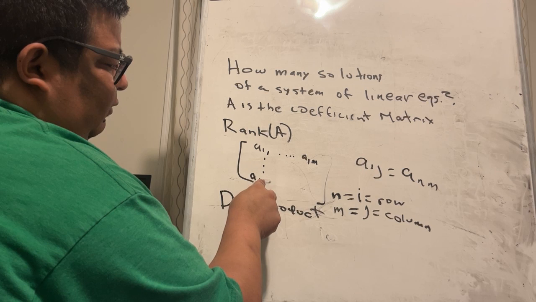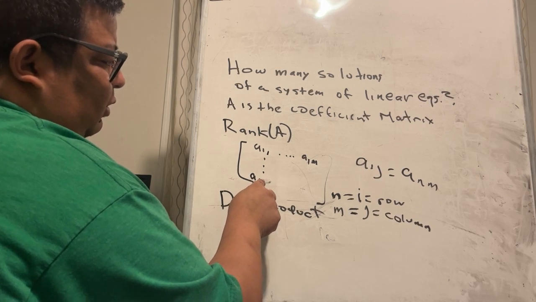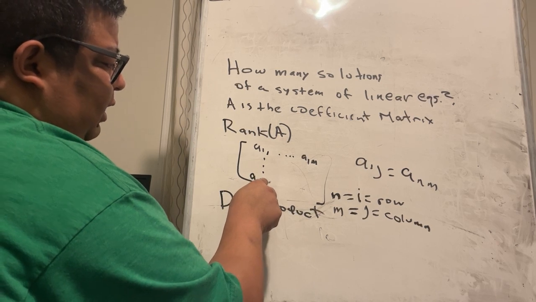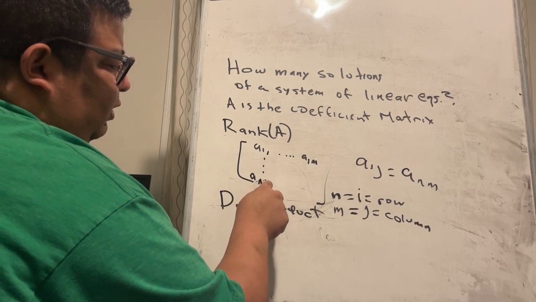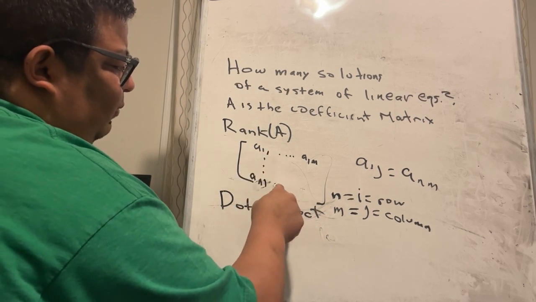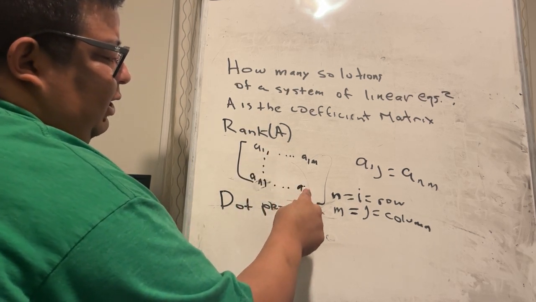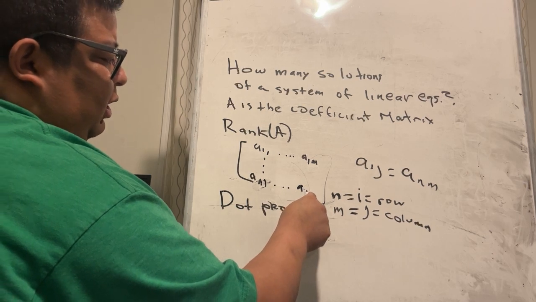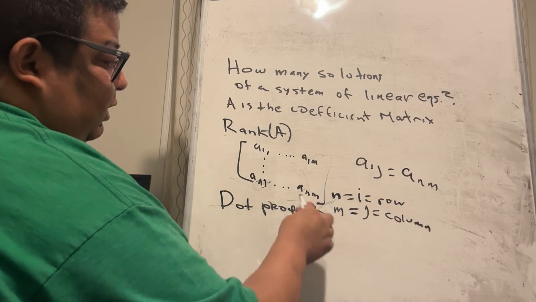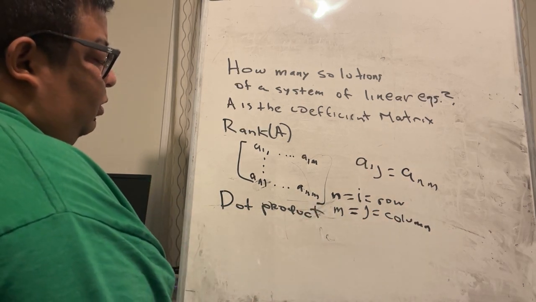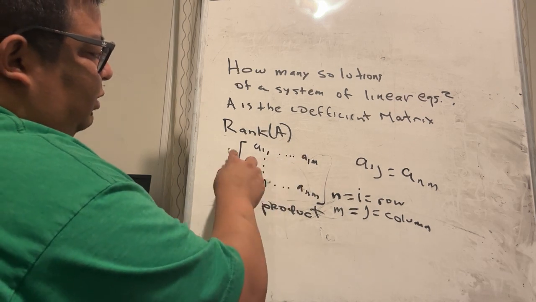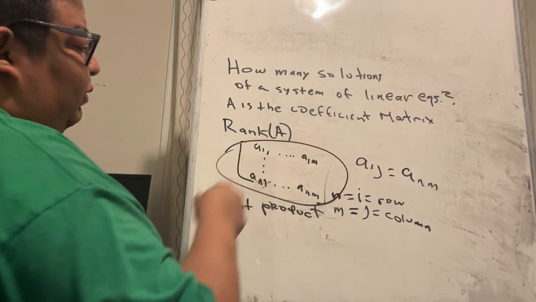Here we would have first row n, first column 1, and then we will have Anm, which is the last one. Okay, so now we know that A represents this here.